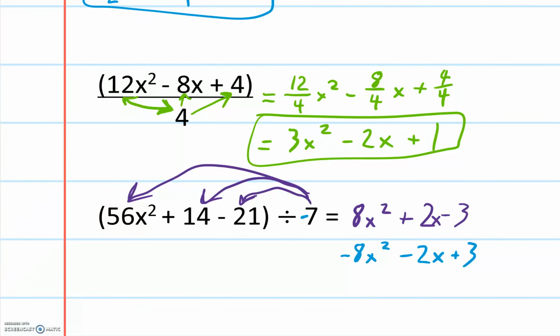Positive 14 divided by minus 7 is negative 2. Minus 21 divided by minus 7 is positive 3. So I want to make that clear. If you're dividing by a negative, you flip the sign as well, just like if you multiply by a negative.